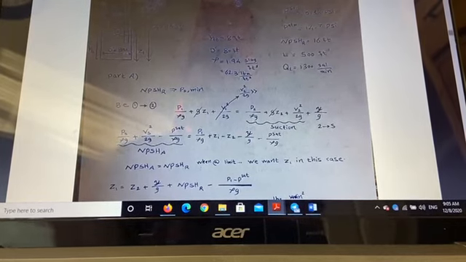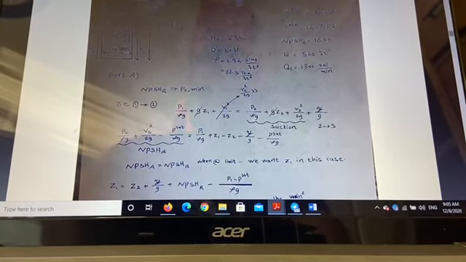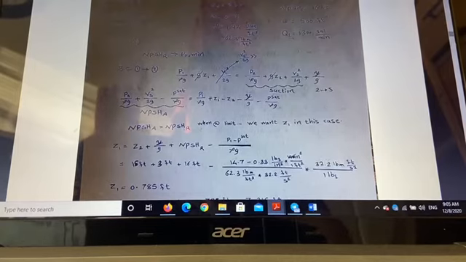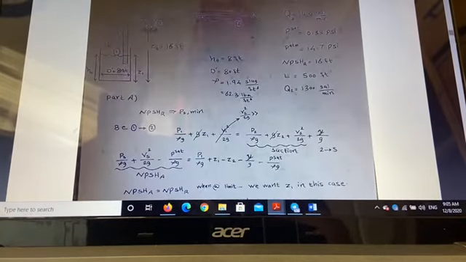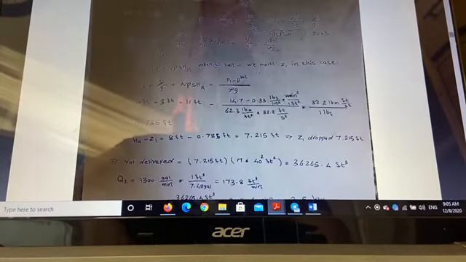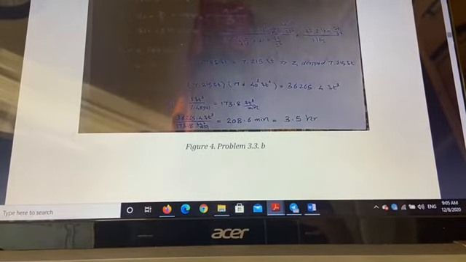I use an extended form of Bernoulli to find the friction, and after that we can find the best place for the pump to be placed in the system, and we can find the volume delivered and also the time taken.